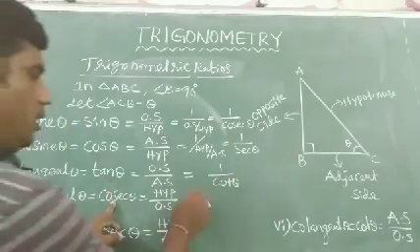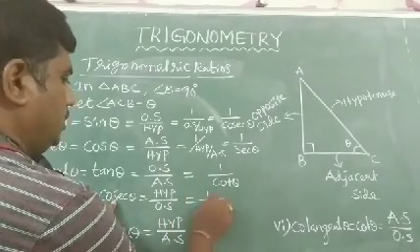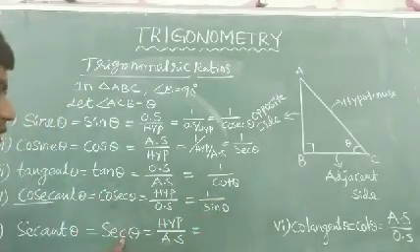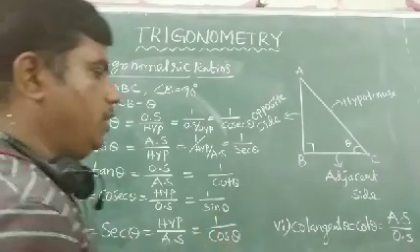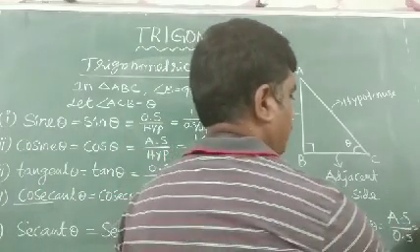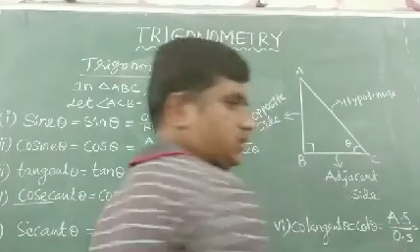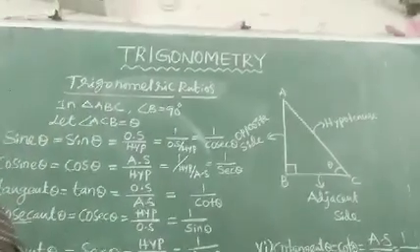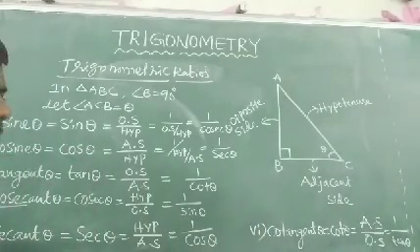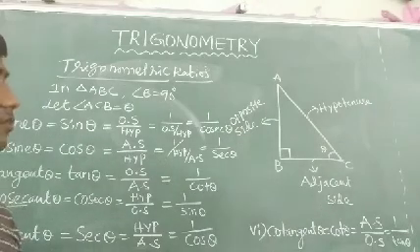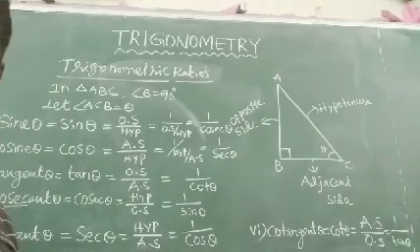So cosec theta we can write as 1 by sin theta, sec theta as 1 by cos theta, and cot theta as 1 by tan theta. These are the relations between the six trigonometric ratios, and they are fundamental for the trigonometry chapter.